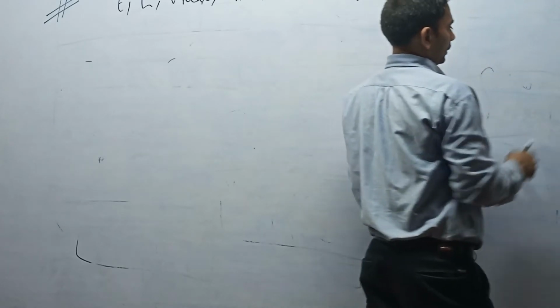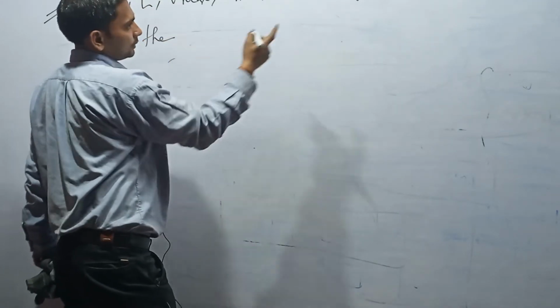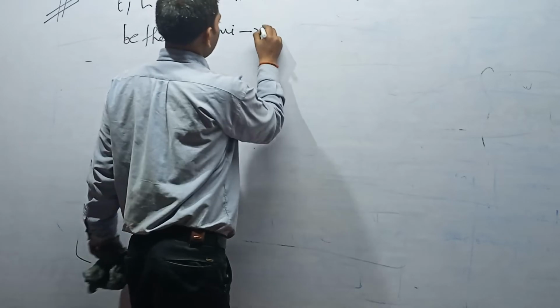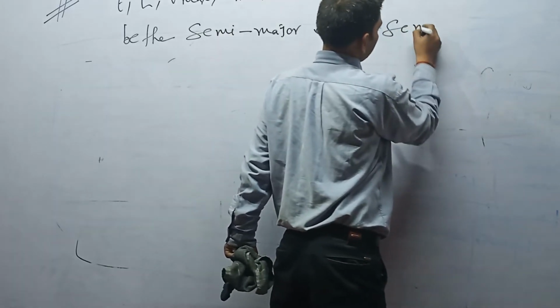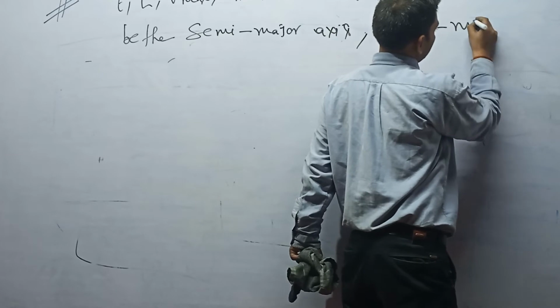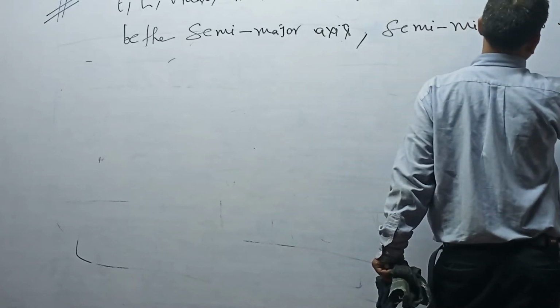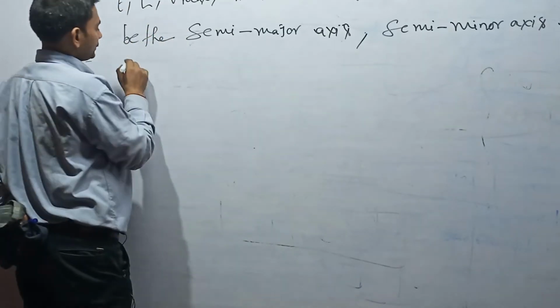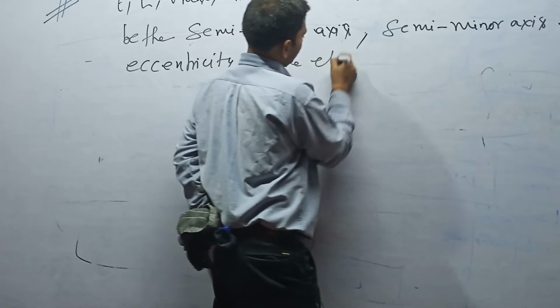Let A, B and e be the semi-major axis, semi-minor axis, and eccentricity of the ellipse.